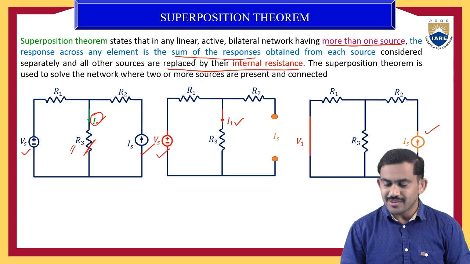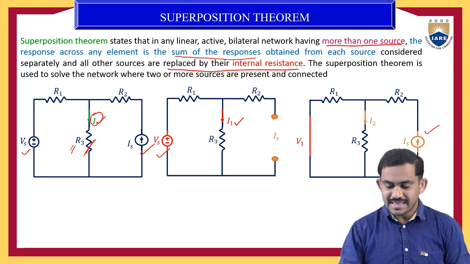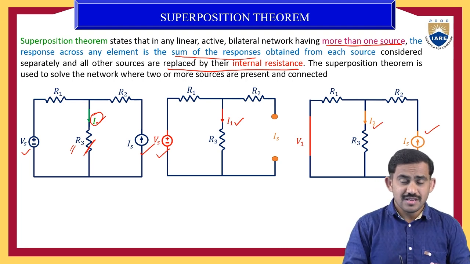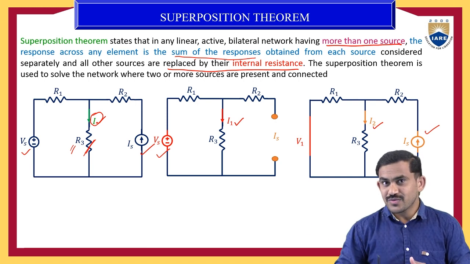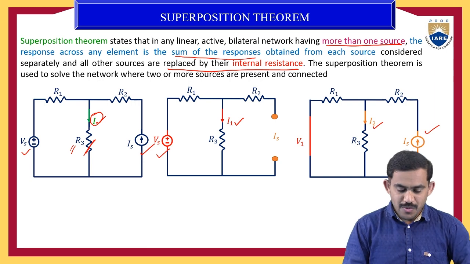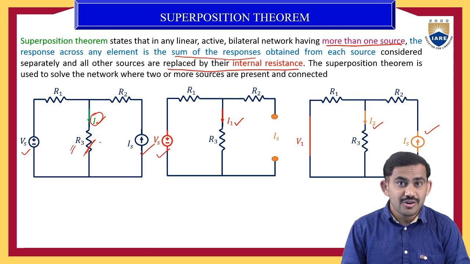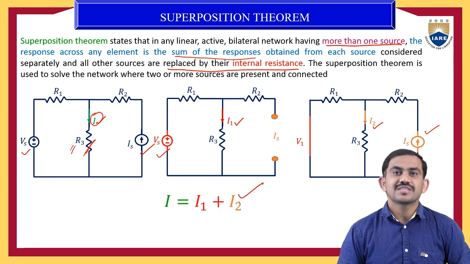Then again I need to find the current at the same point, the 3 ohm resistor. That current is I2. So what is the superposition theorem? The response across any element is the sum of the responses from each source. Now my response at R3, I, is equal to I1 plus I2. This is the superposition theorem.